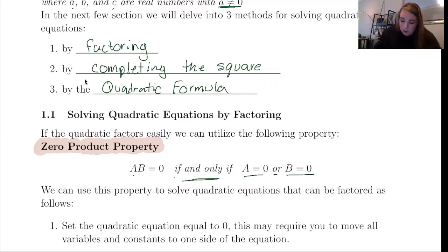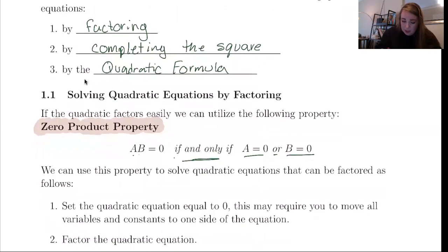Okay. So we can use the zero product property to solve quadratic equations that can be factored as follows. First, I'm going to set the quadratic equal to 0. So move everything onto one side so that the other side has nothing on it, just 0. I'm not just going to decide it equals 0 when it's somehow equal to 4 on the other side.